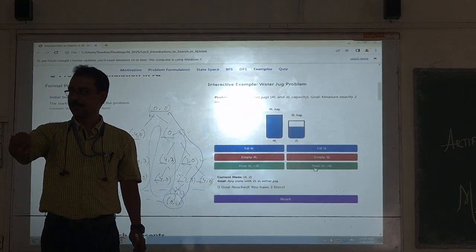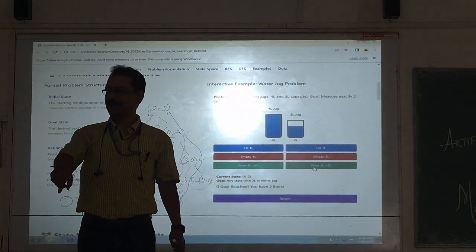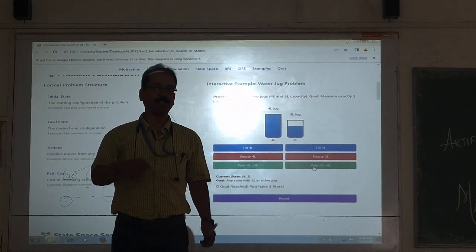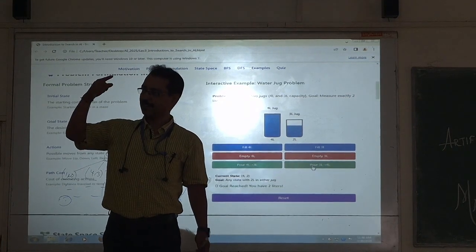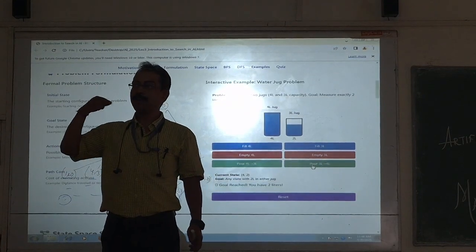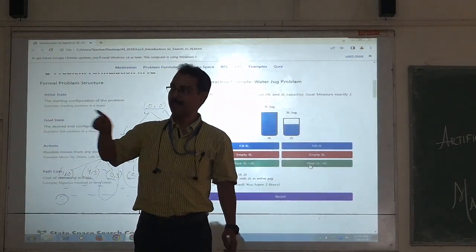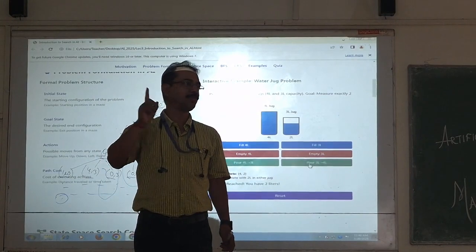I continue the search, but whenever I get to the deepest level and still didn't get the solution, then I will backtrack to the previous node and then again come to the depth. So whenever my priority or precedence is to go for the depth first, then the breadth, it is known as depth first search.